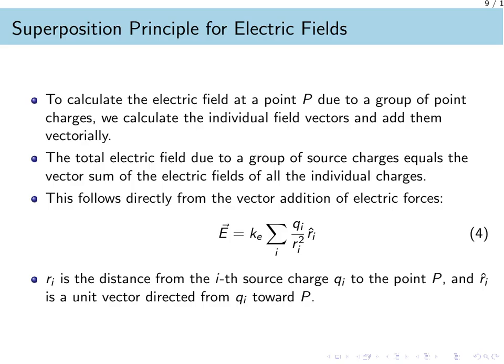Mathematically, the total electric field is the vector sum over all individual charges. For each term in the sum, r sub i is the distance from the ith source charge to point P, and r sub i hat is the unit vector directed from that specific source charge toward point P.